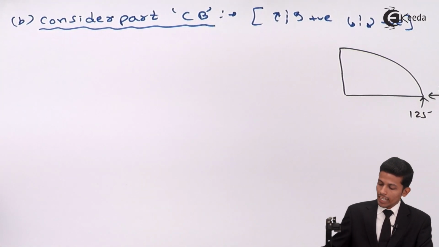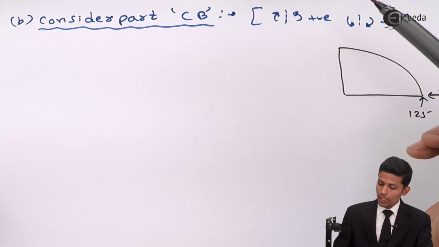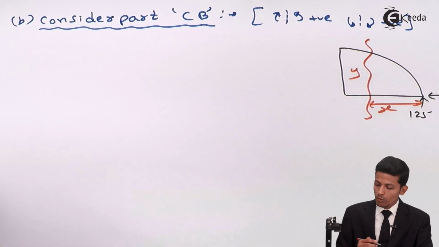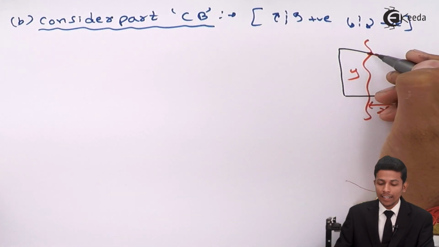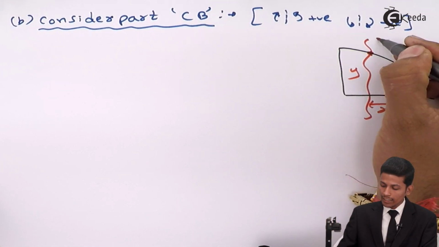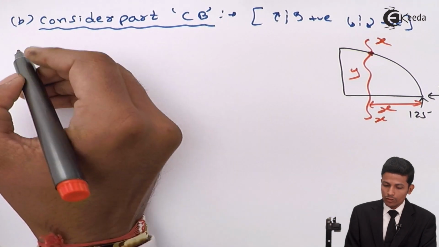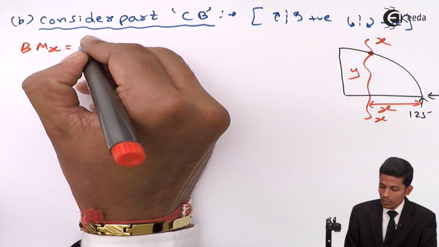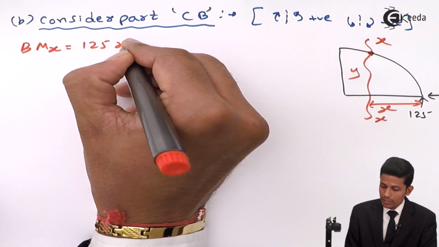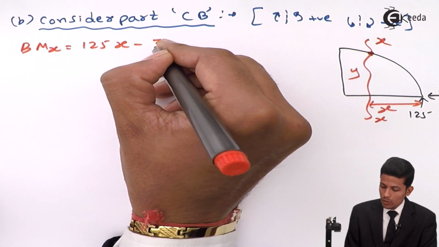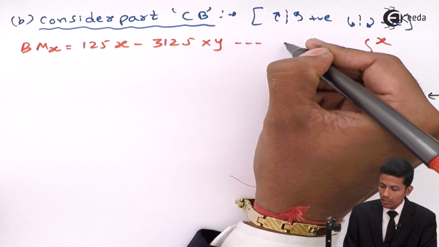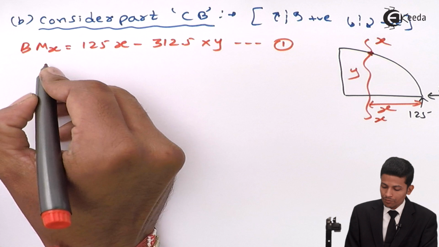We have to take one section, and this distance will be x and this is y. We are taking bending moment here. So at a distance x, bending moment at x is equal to 125x minus 312.5 into y, equation number 1.